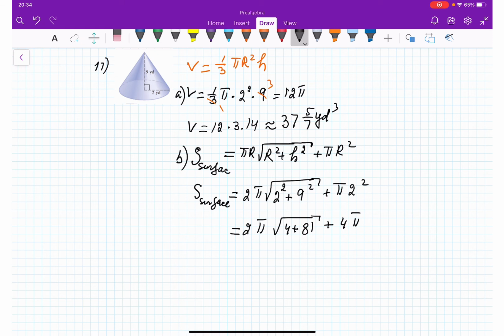Okay, 85. So it's going to be 2 square root 85 pi. Let me write down, click clean.